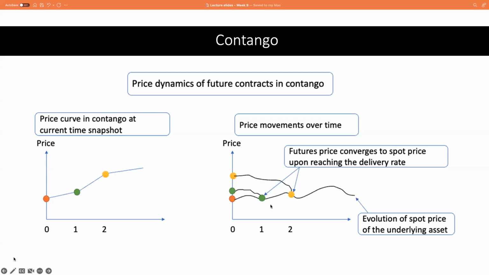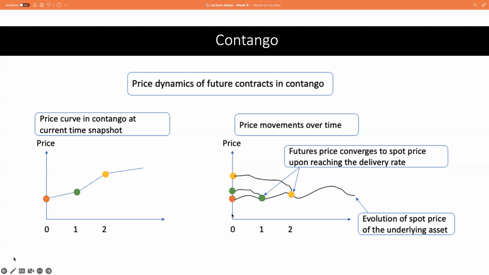Now, let's look at what happens as we move forward in time. This curve represents the evolution of the spot price of the underlying asset. It fluctuates because there's randomness in the asset price, right? But what's interesting is what happens to these dots.